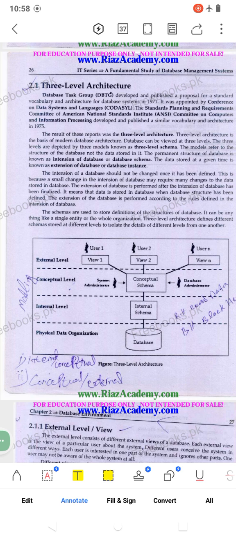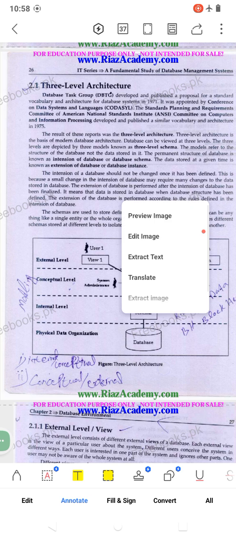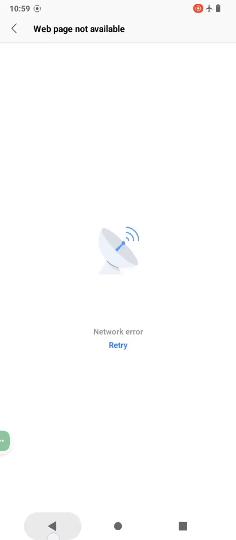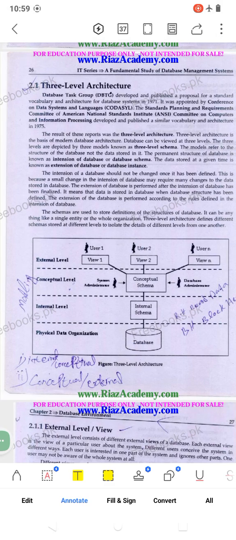ANSI means American National Standards Institute, and SPARC means Standards Planning and Requirements Committee of ANSI. This model was initially invented, described and published by this committee in 1971.